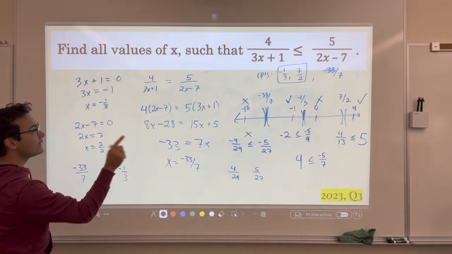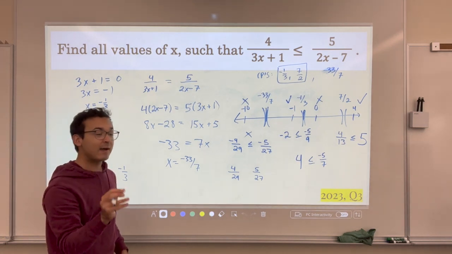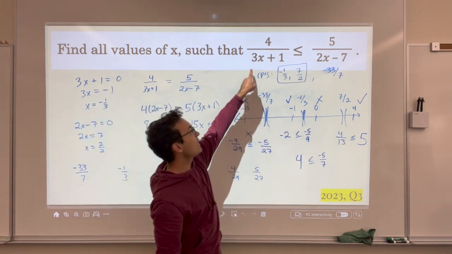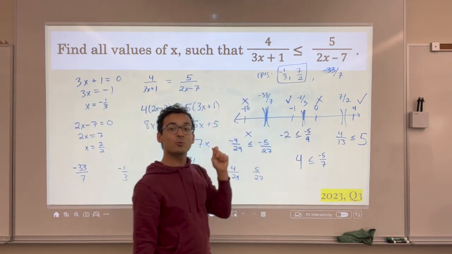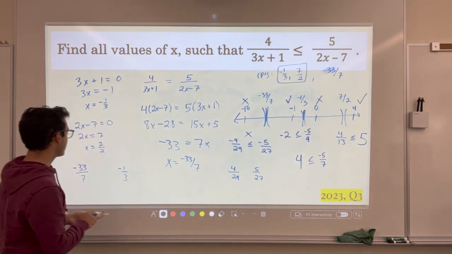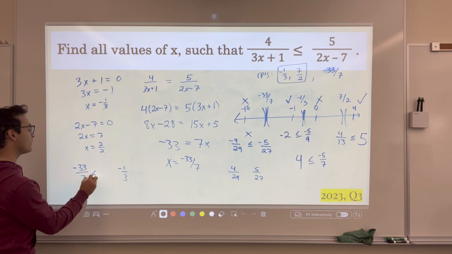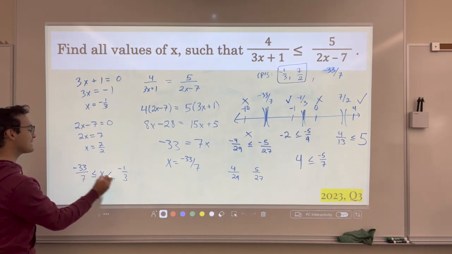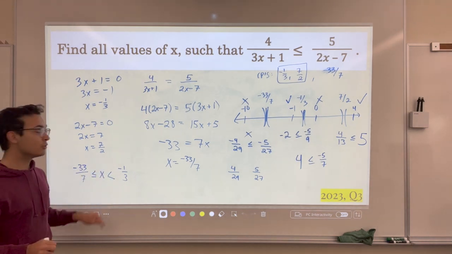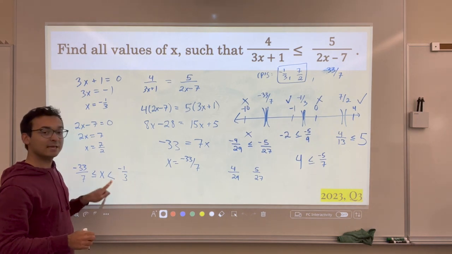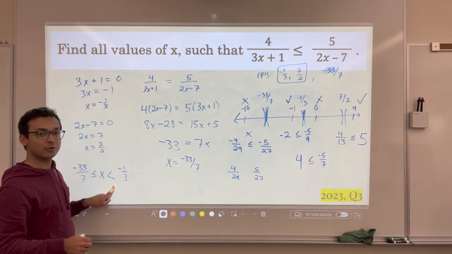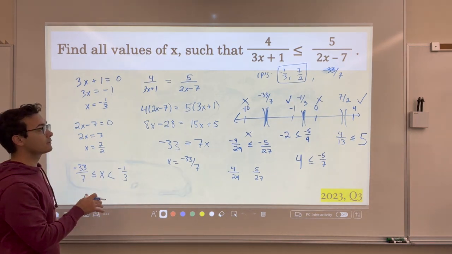However, remember, negative 1/3 cannot be a valid answer because that would make this denominator 0, and we can't divide by 0. So this interval would be negative 33 over 7 is less than or equal to x is less than negative 1/3. Do not put a less than or equal to negative 1/3 here. So that's our first interval.